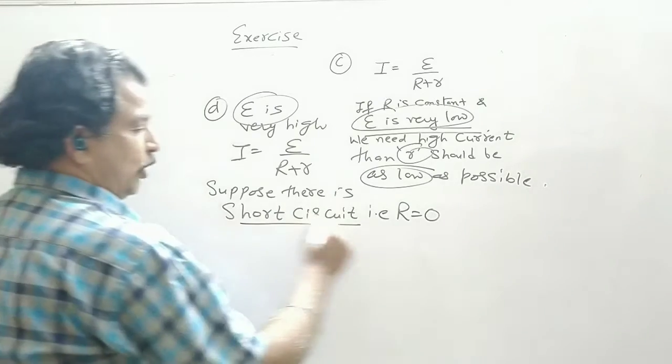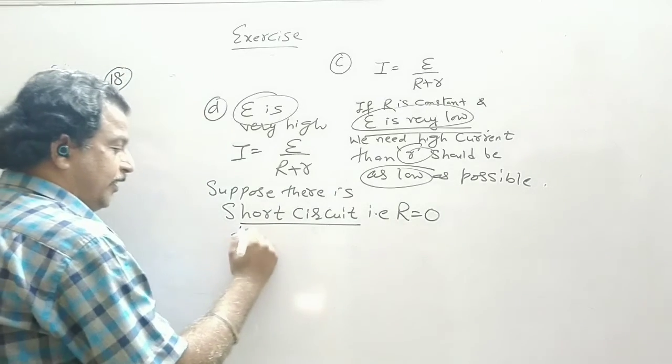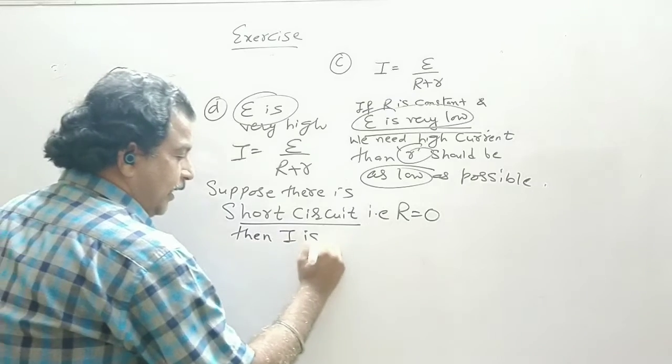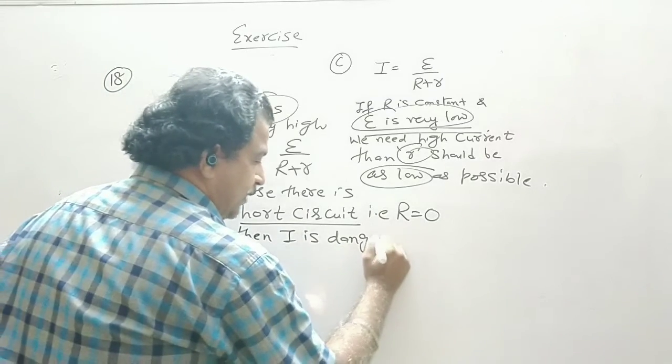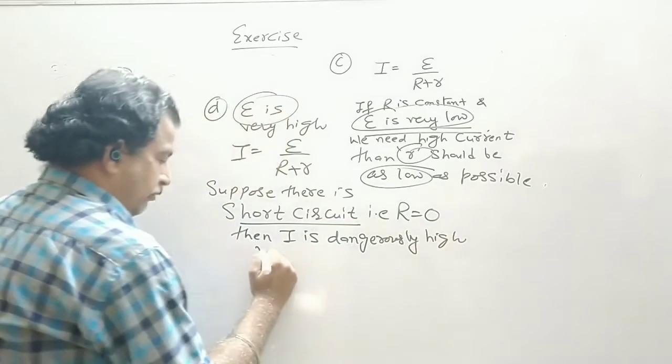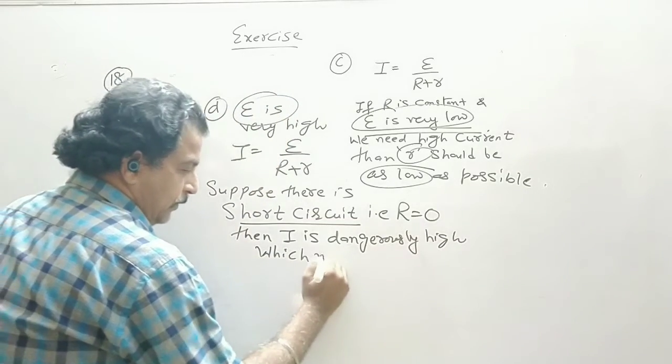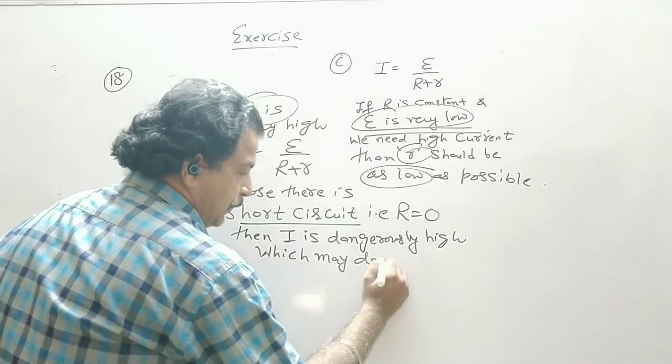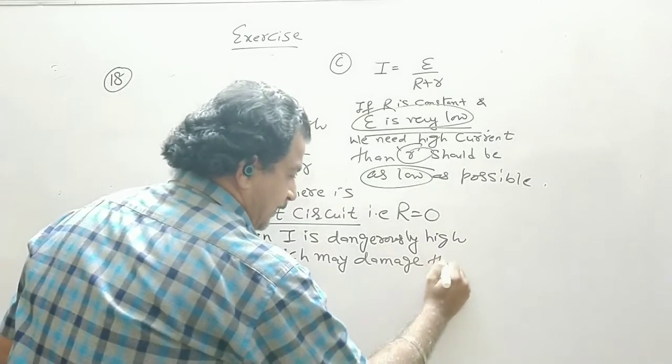So suppose there is a short circuit, that is R is 0, then I is dangerously high, which may damage the device.